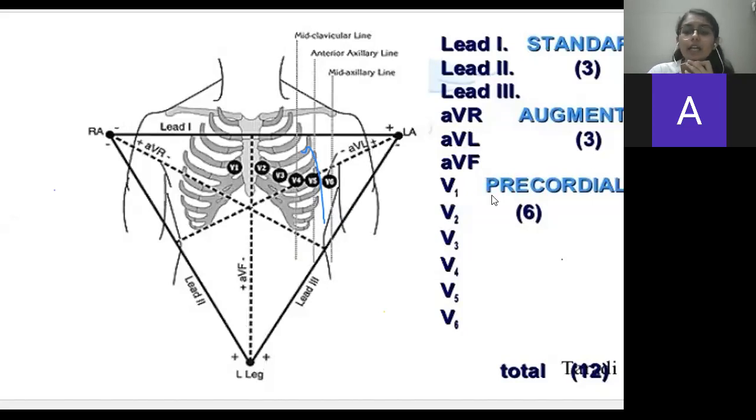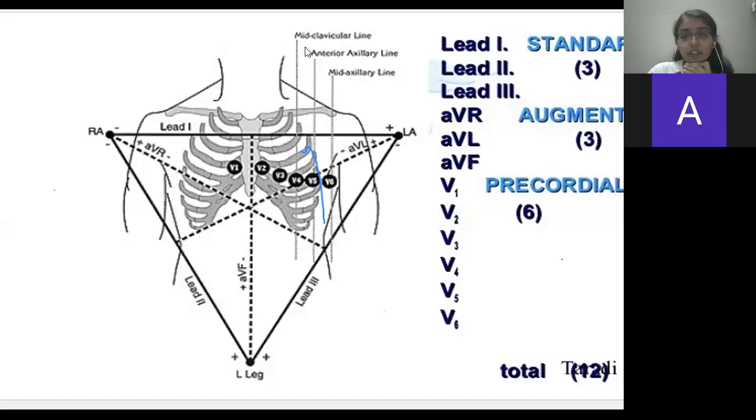Then you have 6 chest leads. Of the 6 chest leads, V1 is placed on the 4th intercostal space on the right hand side of the sternum. V2 is on the left side of the sternum at the same 4th intercostal space.